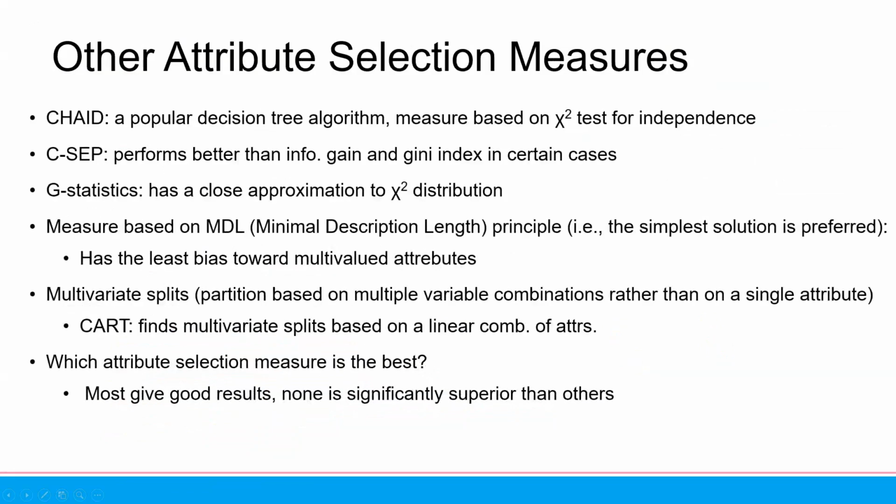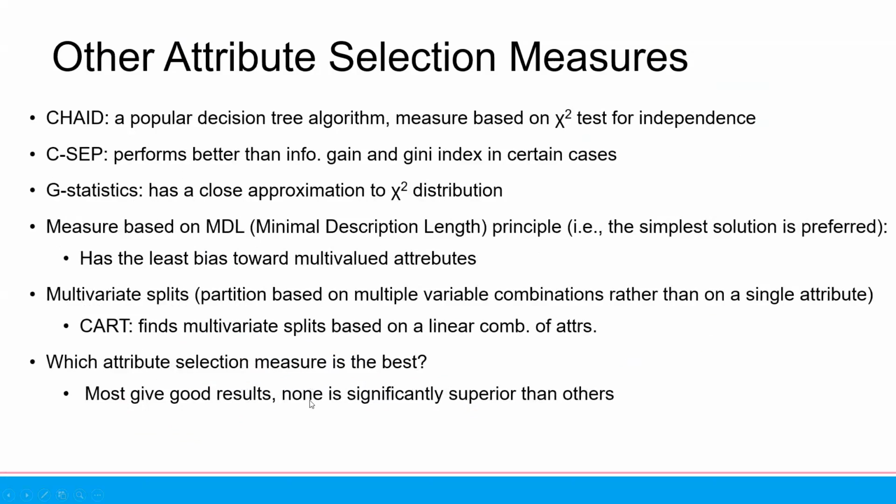There are other attributes selection measures, okay, but we cannot learn all the things. So if you want to check all the attribute selection measures, you can look at the literature, like CHAID, G-statistic, or MDL, multivariate splits, and still there are many more.